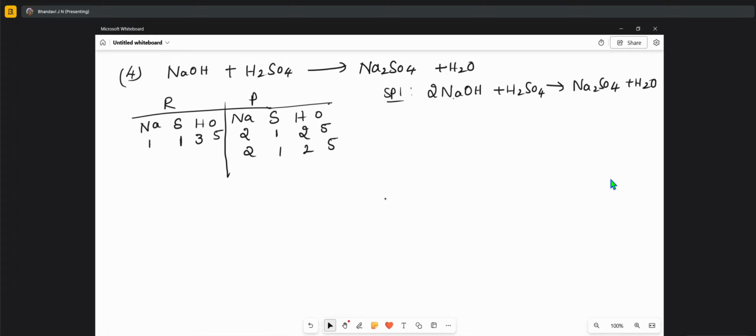Here there are 2 sodium in the reactant, 1 sulfur. How many oxygen? 2 here and 4, so 4 plus 2 is 6. What about hydrogen? 2 plus 2 is 4.